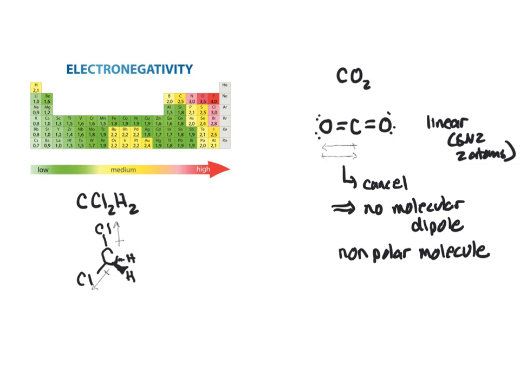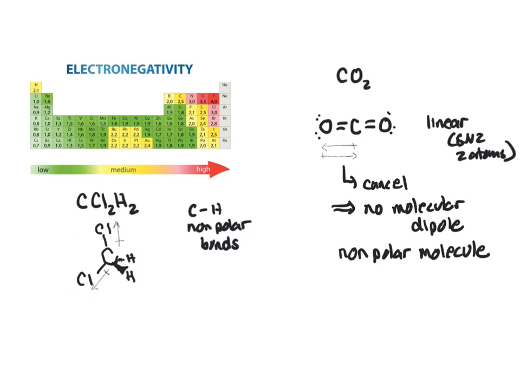Now, if I look at the carbon and the hydrogen, hydrogen's a little less yellow than carbon, but we don't consider that enough of a difference in electronegativity to call this bond a polar bond. So carbon and hydrogen are typically always thought of as non-polar bonds. So I don't have to draw a dipole moment for the carbon and the hydrogen.